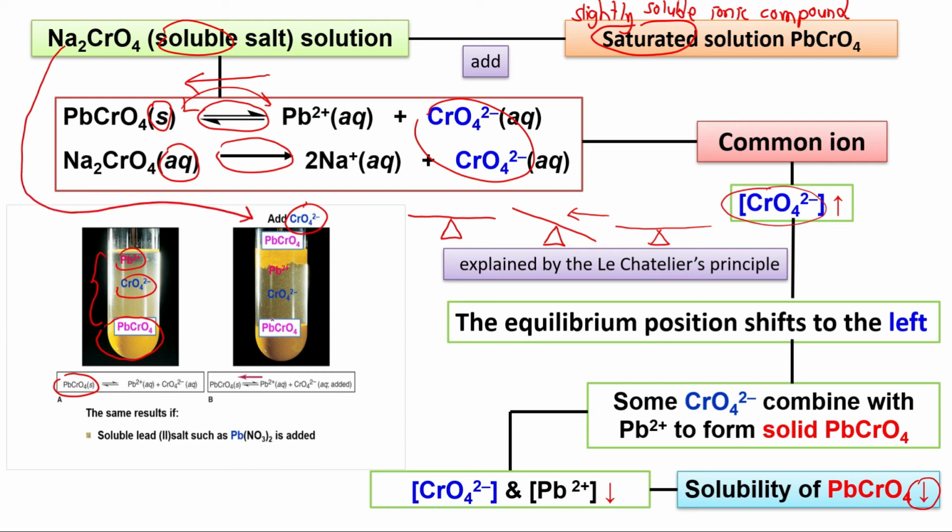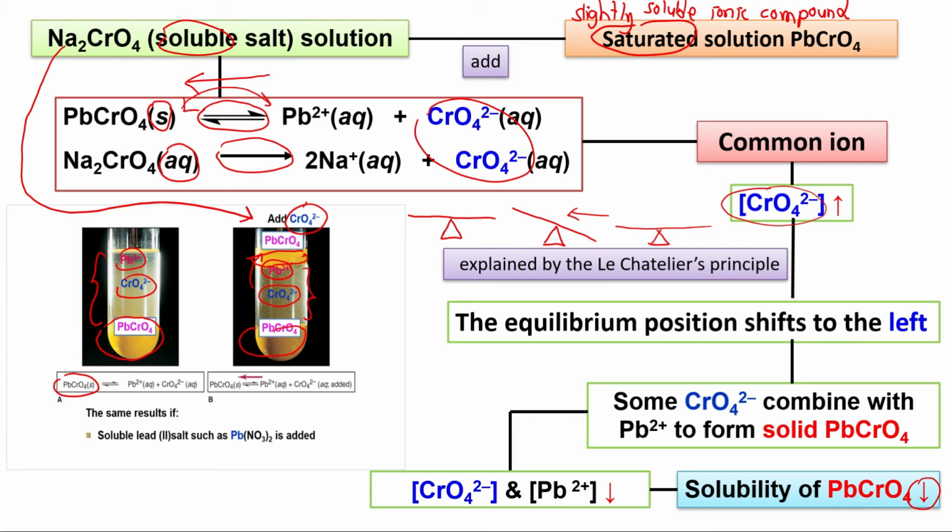We need to decrease the concentration, so some of the chromate ion combines with the plumbum ion, forming more plumbum chromate solid. Therefore, more plumbum chromate forms, making it less soluble.